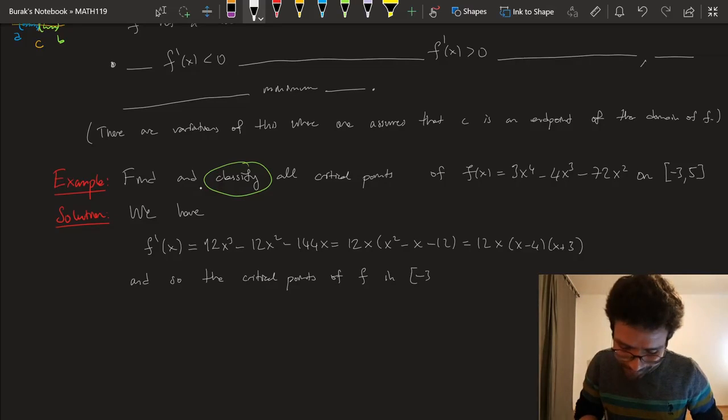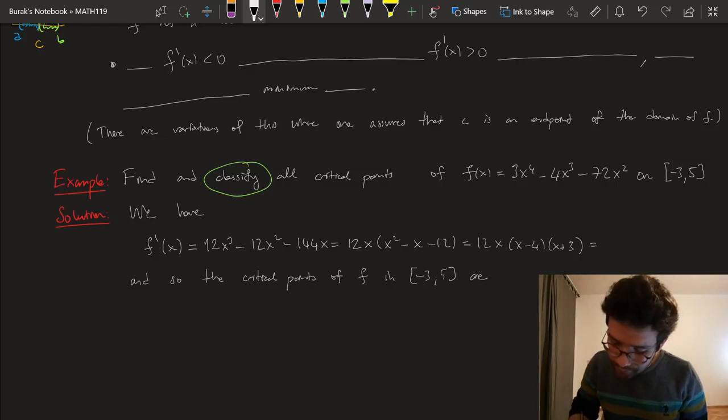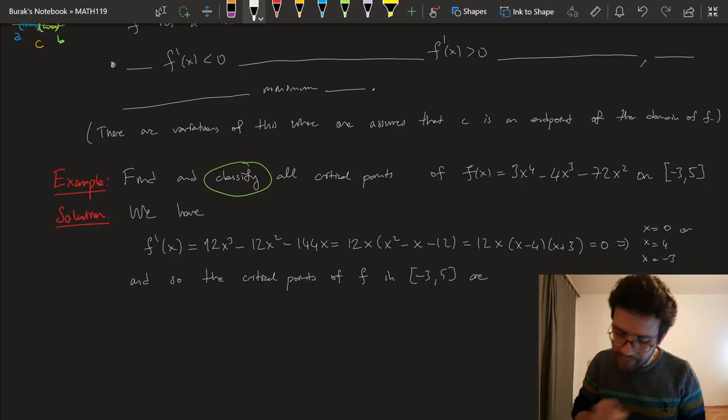So the critical points of f in [-3, 5] are: I look at what the critical points are. If I set this to 0, I get that x equals 0 or x equals 4 or x equals -3, okay?